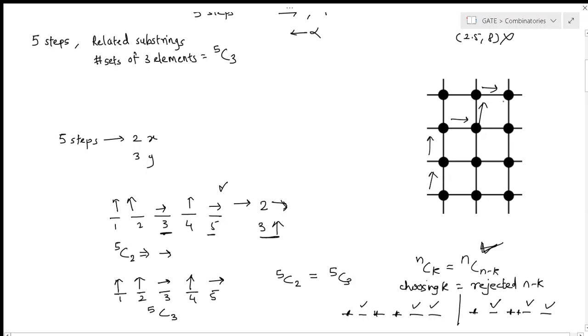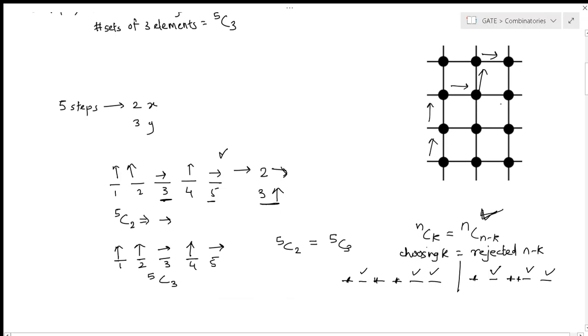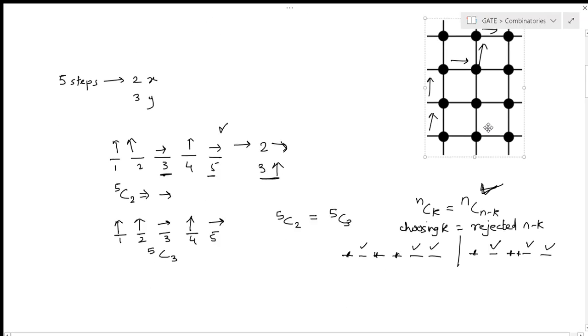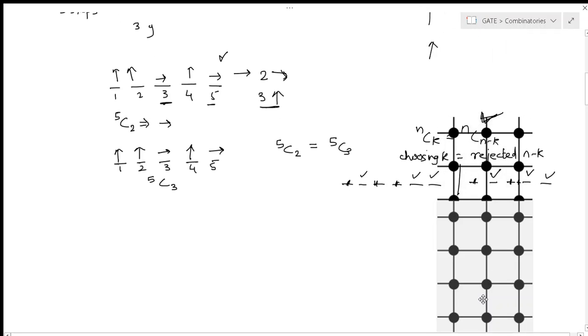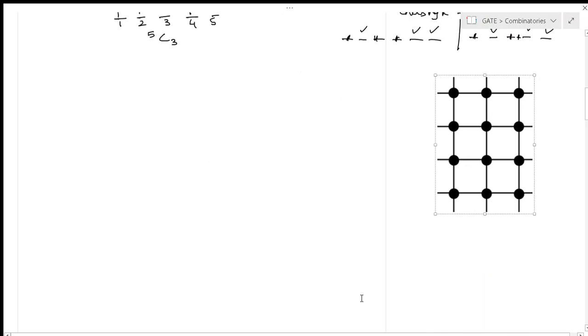Now let's look at this as per our algorithmic way. This is even more fun. Now, you guys tell me, suppose this is as usual our end point, and this is our start point.